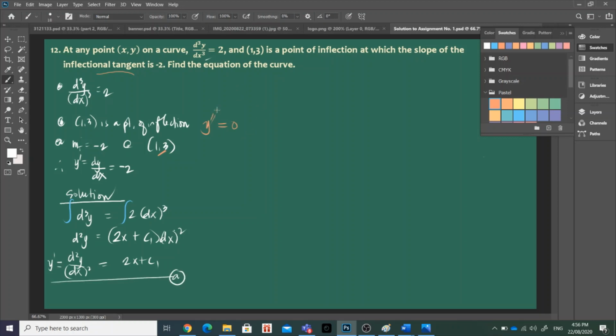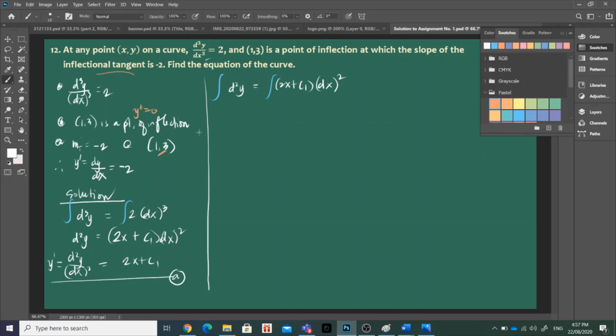Okay? So, medyo liliitan ko lang to para design space. Lalagay ko dito, y double prime is equal to 0. Ayan. Okay, next problem, next integration. So we have d squared y over dx squared is equal to 2x plus c sub 1, and then we integrate again.